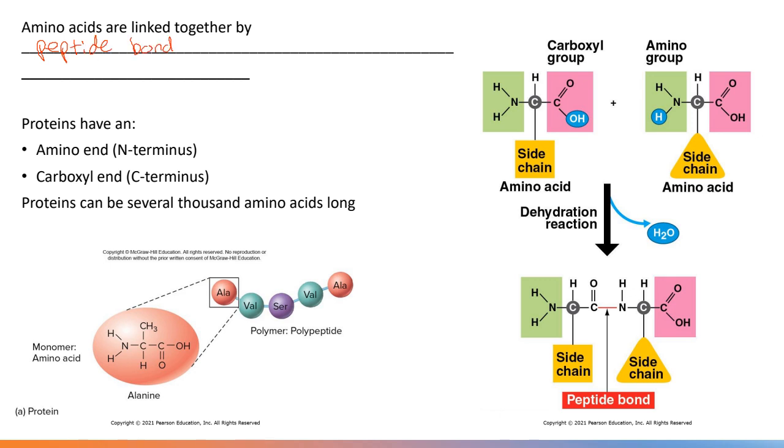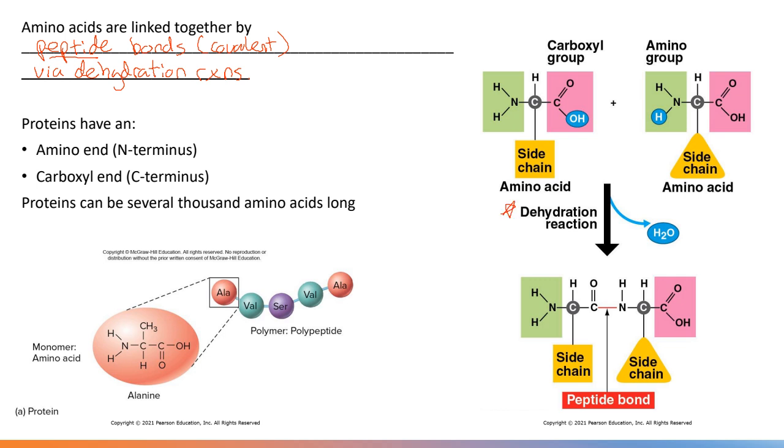Whenever you hear peptide bonds, that means it's between two amino acids because we're making a polypeptide. How do we create these peptide bonds? Via dehydration reactions.